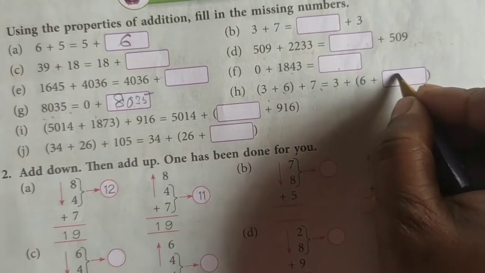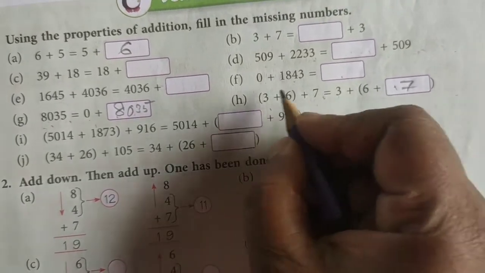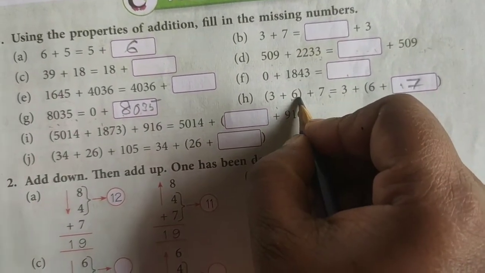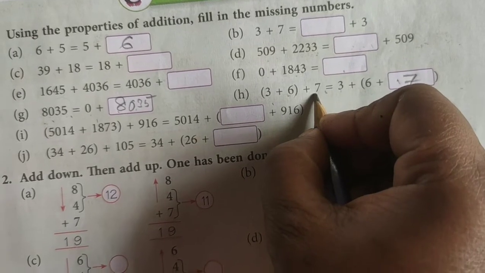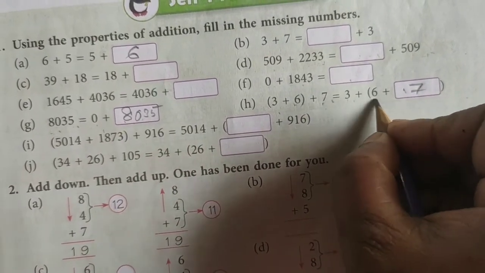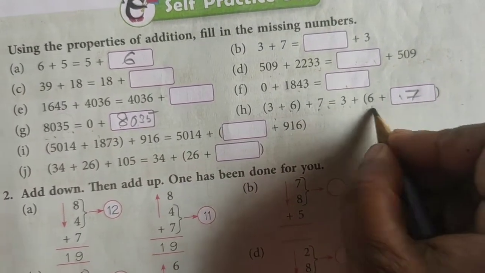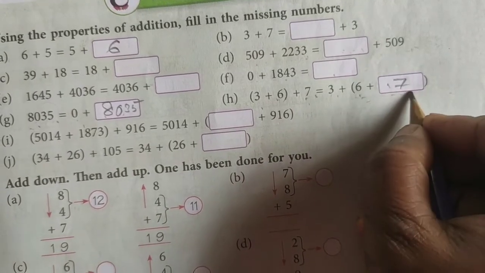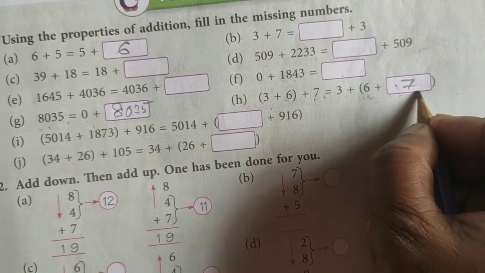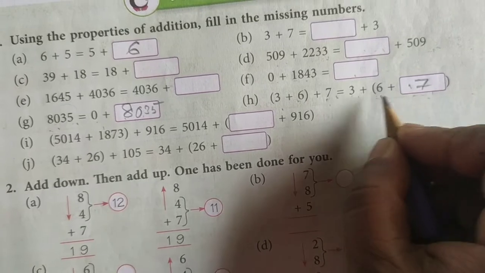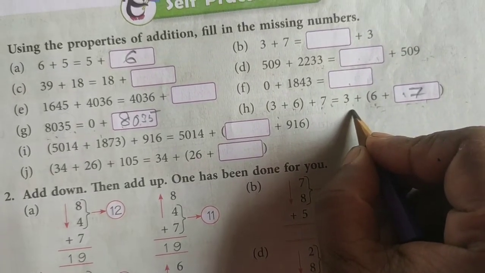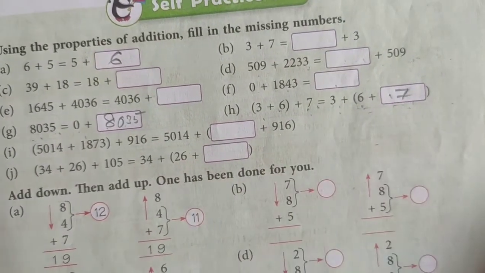So what is missing here? 7. So 6 plus 3, how much? 9. 9 plus 7, how much? 16. Here also 3 plus 6. Now we will group. First add this number. 6 plus 7, how much? Yes, 13. 13 plus 3, how much? 16.